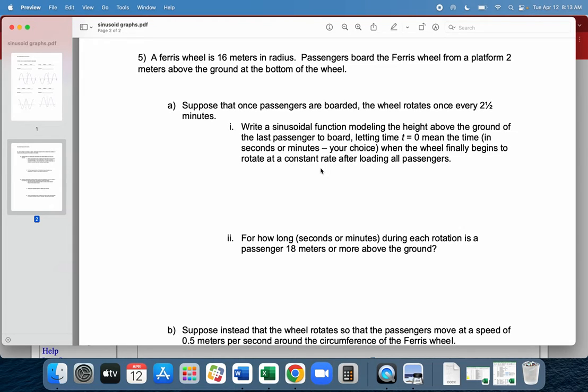What's the amplitude of any sine or cosine function we write going to be for this one? Any thoughts? It's the radius, yeah.